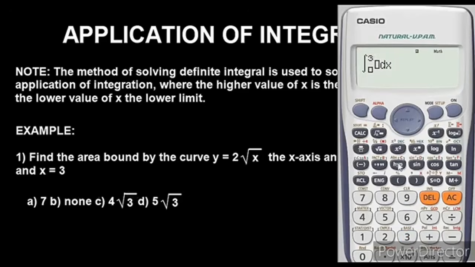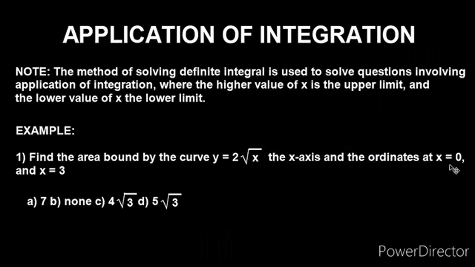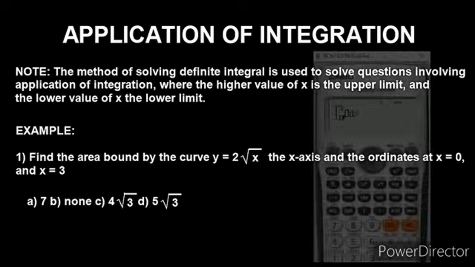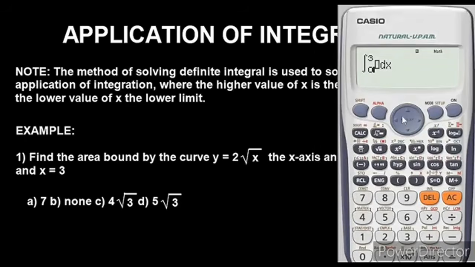Then you come down and input the lower limit value, which is 0. After it, you move your cursor to this empty box and input this value of y there.